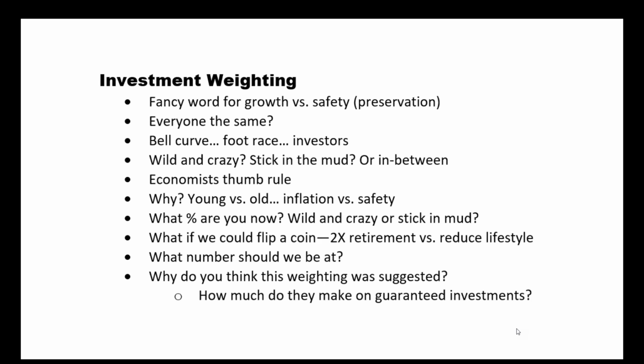The whole purpose of all these bullets is to get them at the end to say, in this particular case, I need to be this much in stocks and this much in guaranteed. And the reason my guy has me so heavily weighted in stocks and bonds, things that can lose money, is because he wants to make money off of me. So he's got me way over heavily weighted in a position I should not be in so that he could make more money.